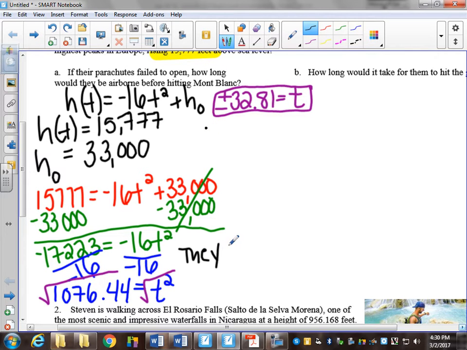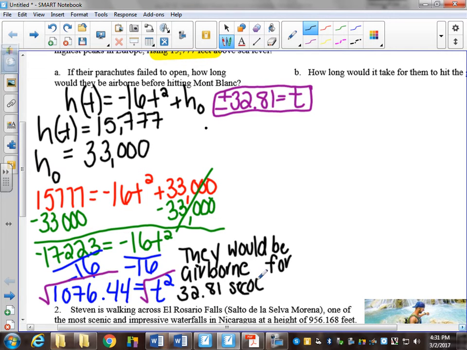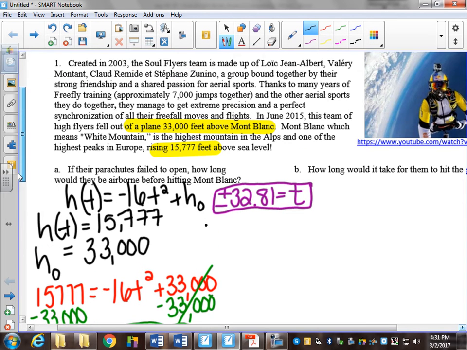They would be airborne for 32.81 seconds before hitting Mont Blanc. And that is your final step to this problem, writing that sentence and connecting it back to the real world question.